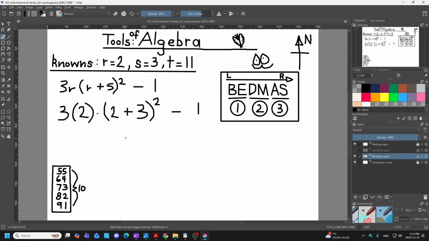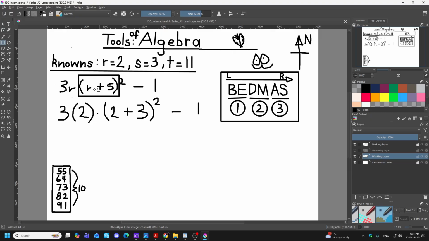So here's another point I want to make. This exponent squared belongs to this. The squared belongs to whatever is inside the parentheses. It has nothing to do with this. Nothing.